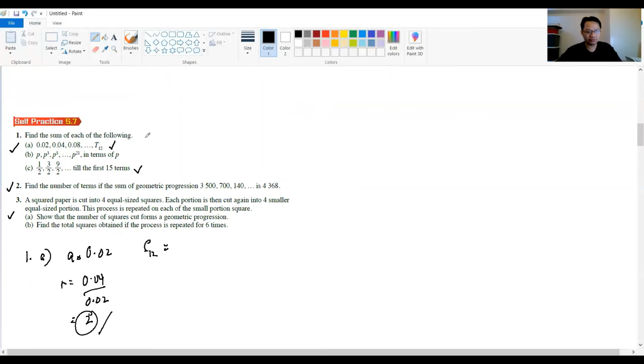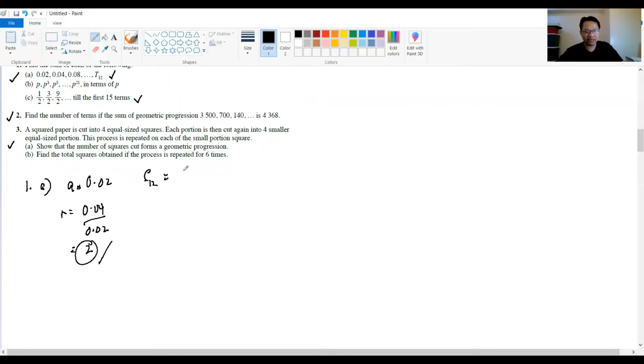Here what we can do is A is 0.02, times 2 to the power of 12 minus 1, over 2 minus 1. Substitute everything, then we compute: 2 to the power 12 minus 1, times 0.02, divided by 1.